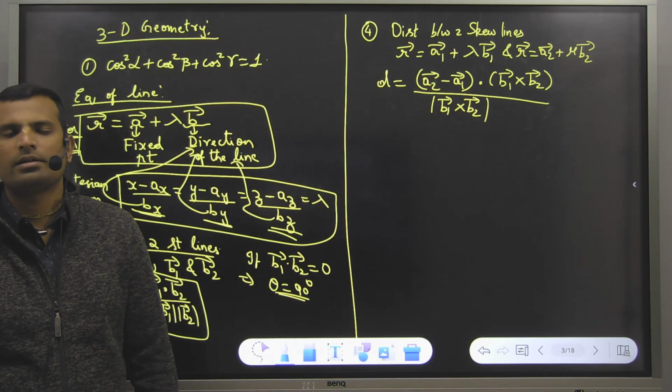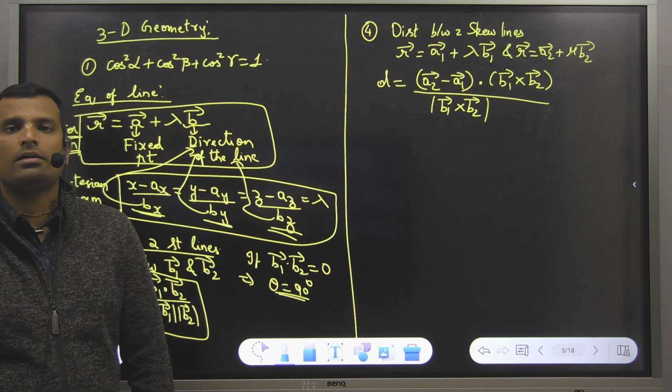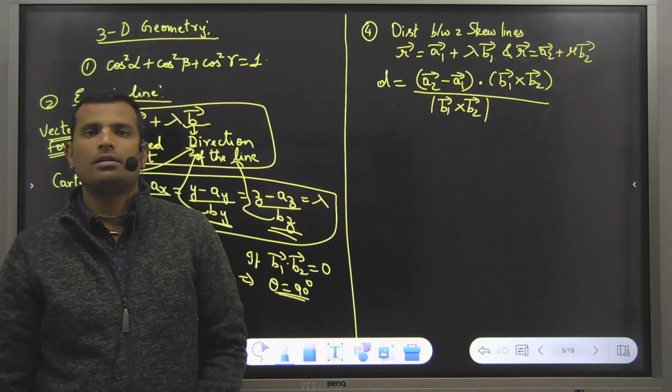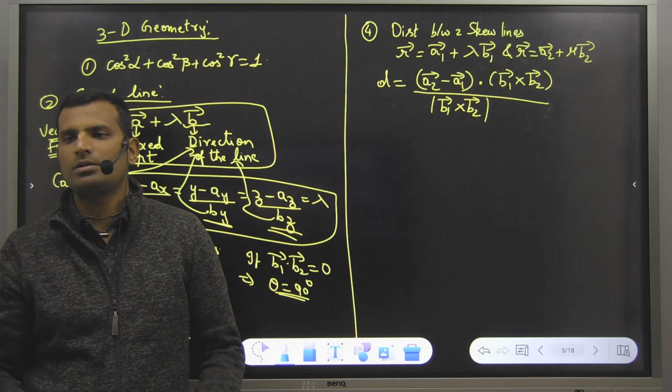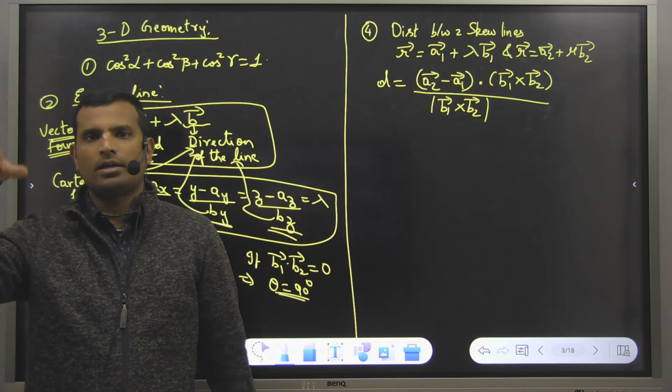This is the formula. Correct? Yes or no, students? Any of you remember how you will calculate the numerator? b1 cross b2 andre determinant alvapa? Yes or no? b1 cross b2 means what?